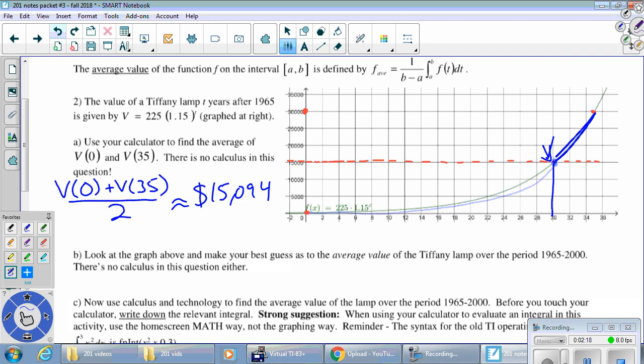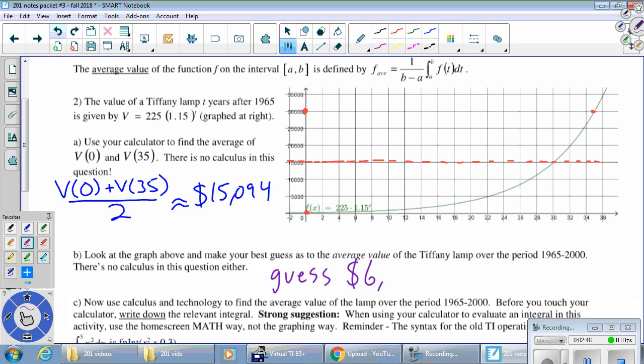It was only for the last 5 years that the lamp was worth more than 15,000. So it sure feels intuitively like the actual true average value of the lamp is going to be a lot less than $15,000. So make your best guess. I don't know, 10,000, 5,000. I'm just kind of looking at where's the basic middle of this curve. I'm just going to guess $6,000. Let's see how close we get.